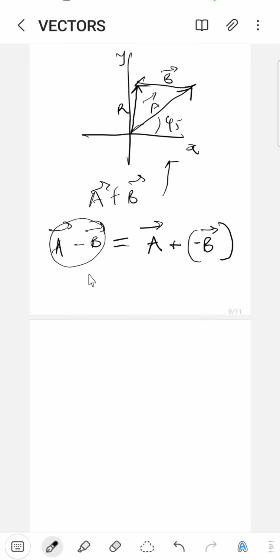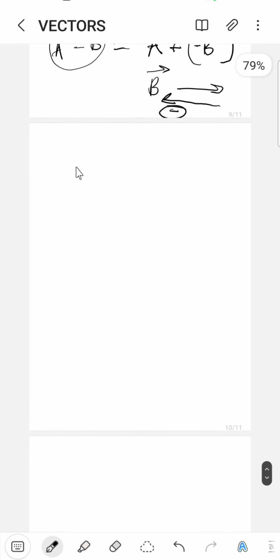So if vector B is in this direction, vector B itself going in the opposite direction will be denoted with a negative sign in front. So vector B is equal in magnitude with vector negative B, except it is in a different direction, or rather in the opposite direction.